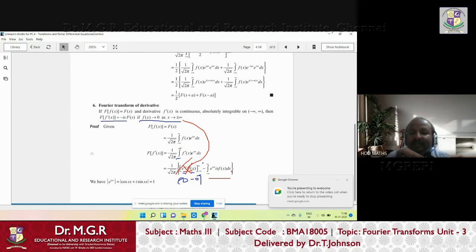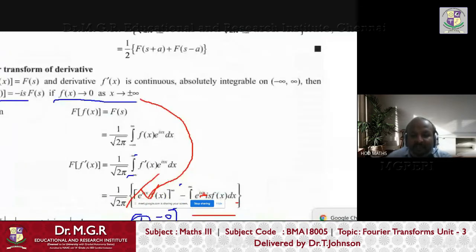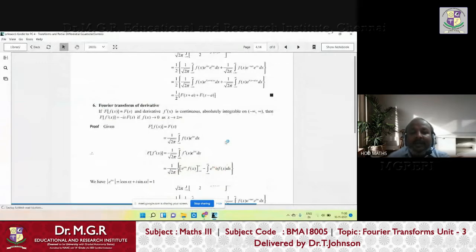Here x is the variable, so is is something like a constant. F of x is not a constant, it's a variable because x is there. Here also f of x is there, and e power isx is also a function of x, but is is not a function of x, so that can be taken outside the integral.